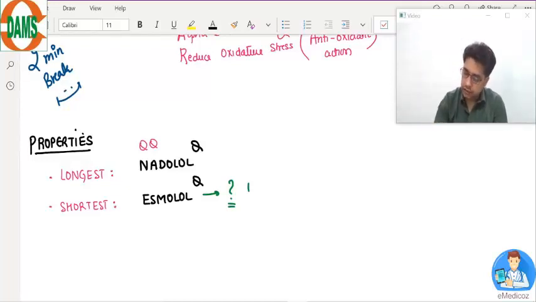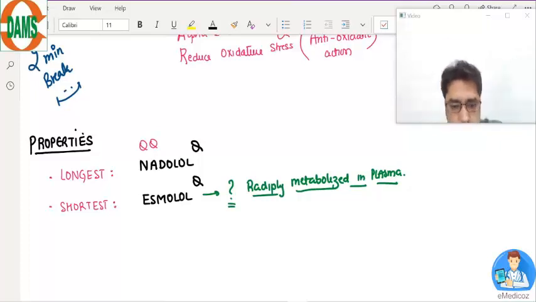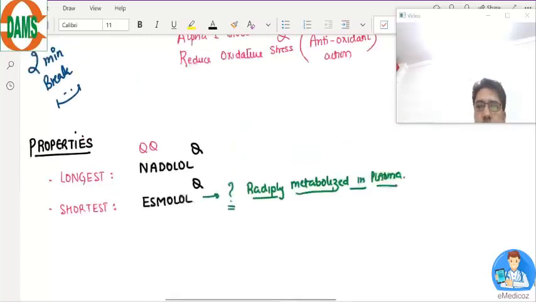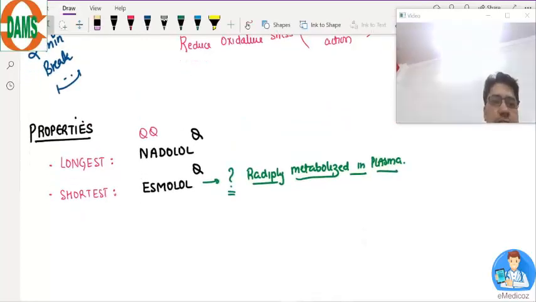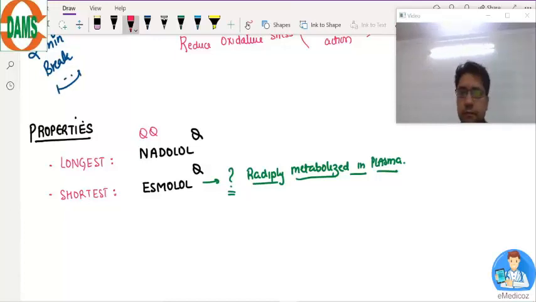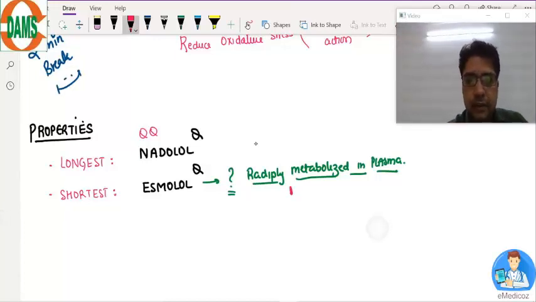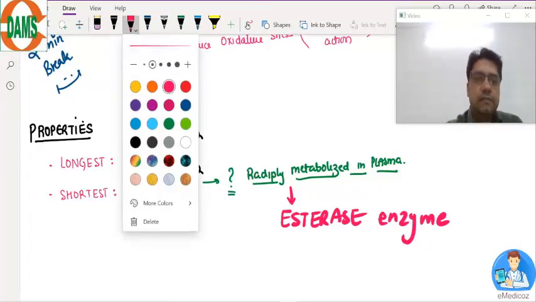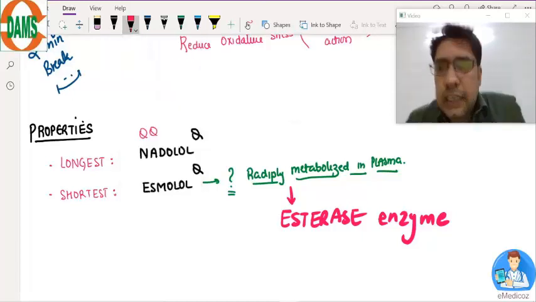So you will write because it is rapidly metabolized in plasma by an enzyme known as esterase enzyme. E for small, E for esterase enzyme.